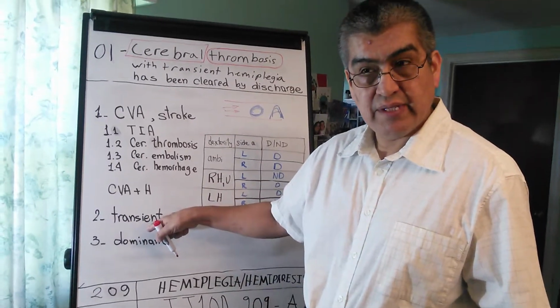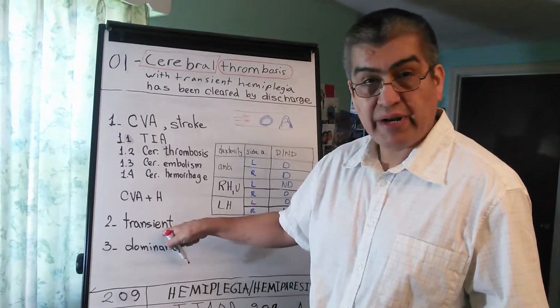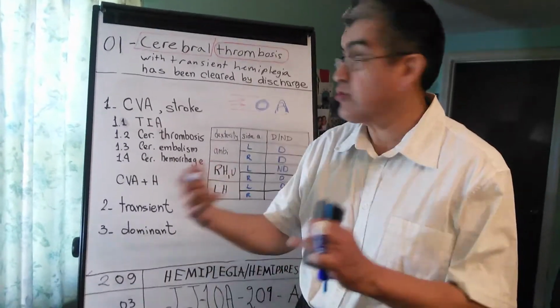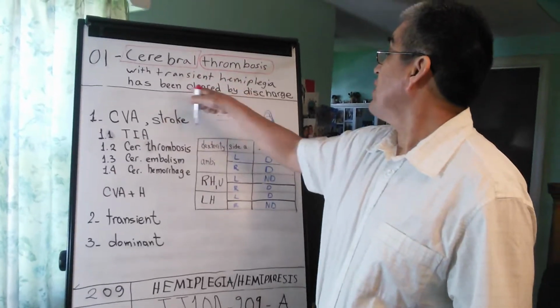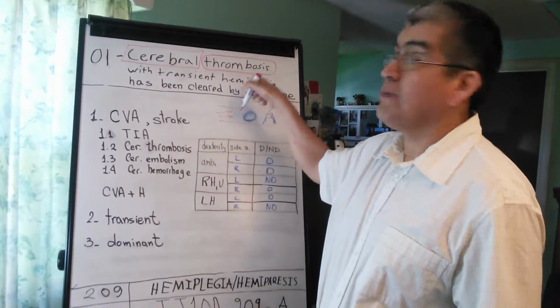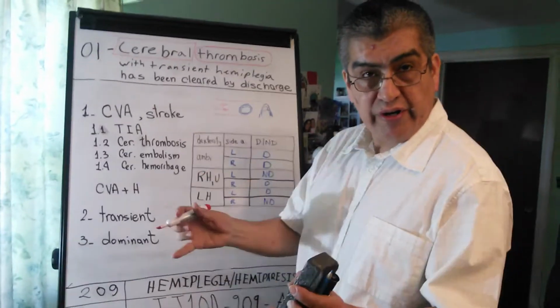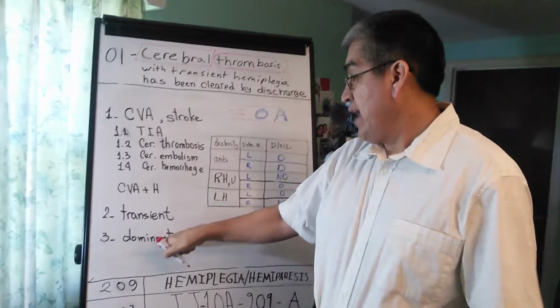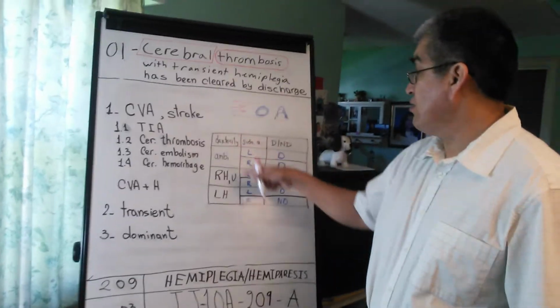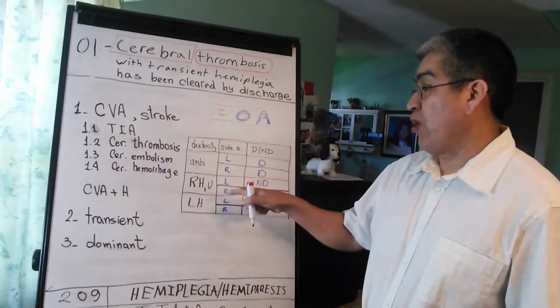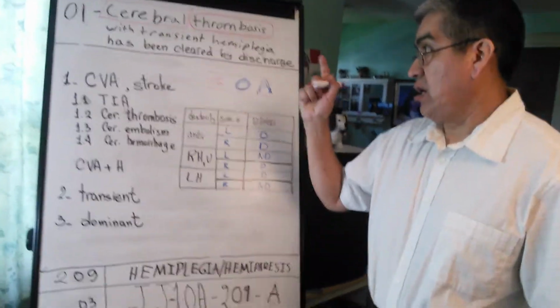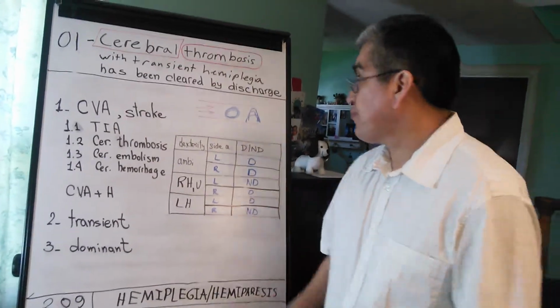Transient, as we remember, is something that occurs and then goes away. And since this has been cleared by discharge, transient hemiplegia means that this hemiplegia occurred and then went away. And the dominant side is this little table that we're going to have to use when we find which one is the dominant side.